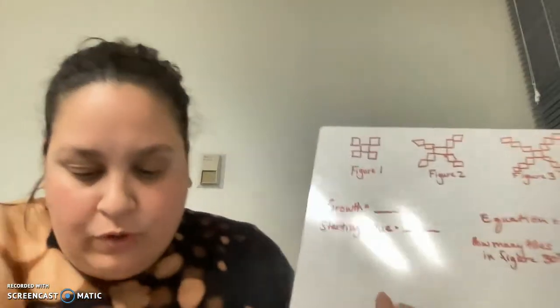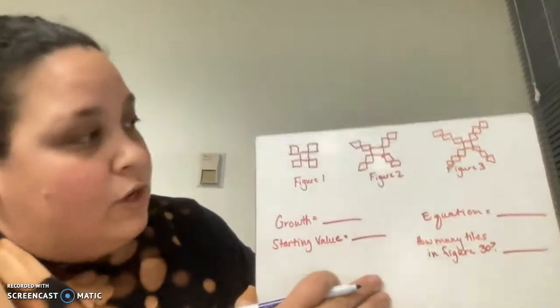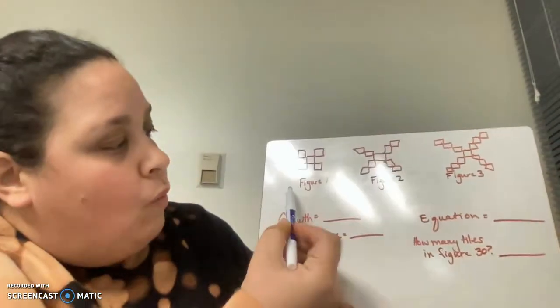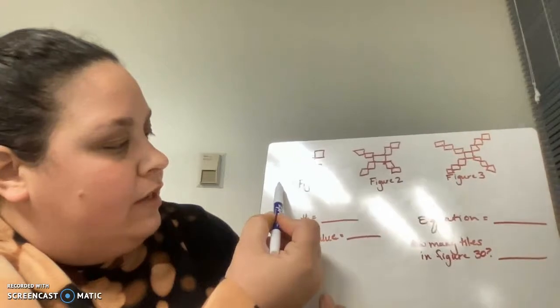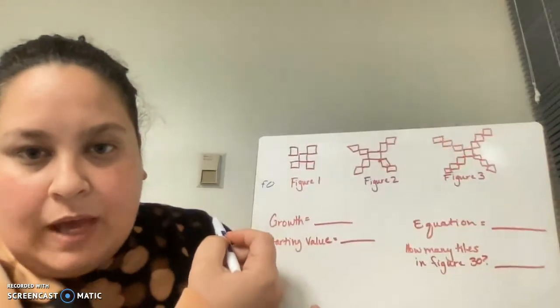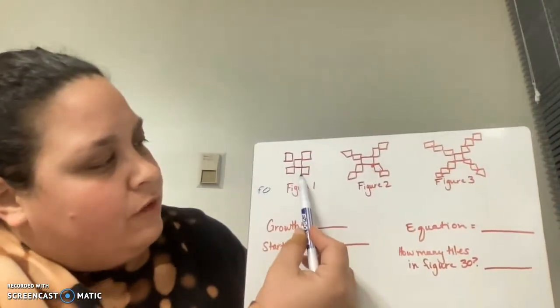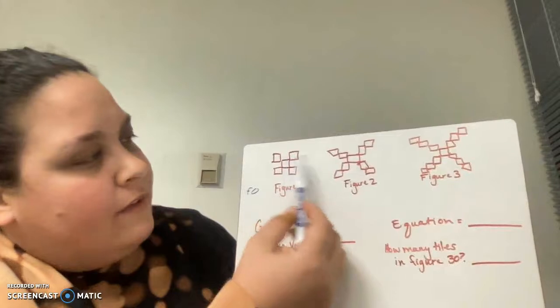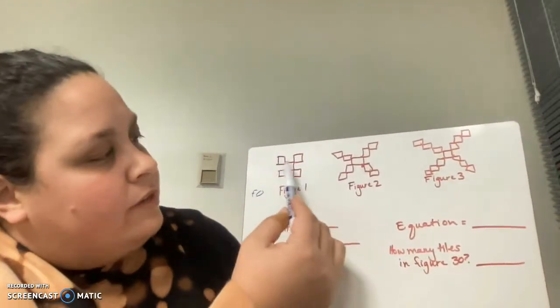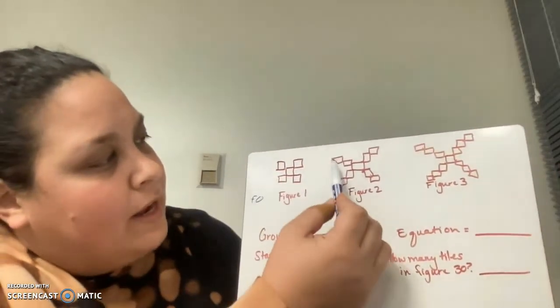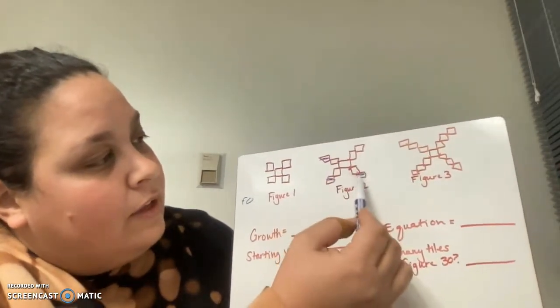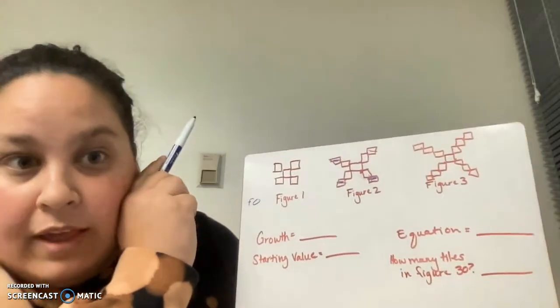So first and foremost, in order to solve this pattern, we need to know what figure 0 looks like. So we need to know what the pattern that's happening is. Well, if I look from here to here, I notice I still have this middle figure. I still have these 4 on the outside, but I am adding these 4 more on the outside.